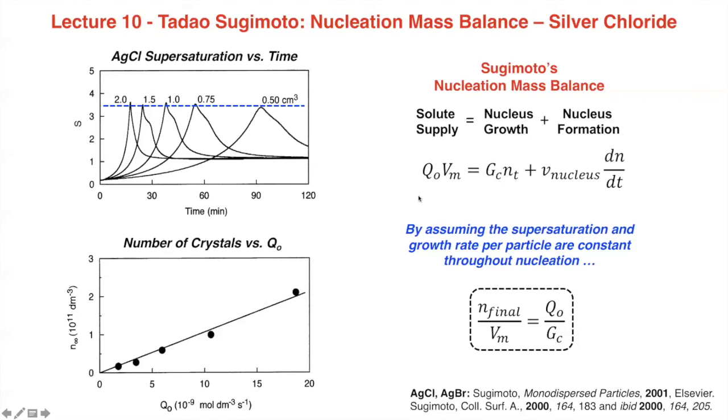And Sugimoto then went on to develop what's called his nucleation mass balance model. So what Sugimoto said was that all of the solutes produced by a precursor conversion reaction, for example, either go to the growth of nuclei or to the formation of nuclei once you've hit this threshold concentration.